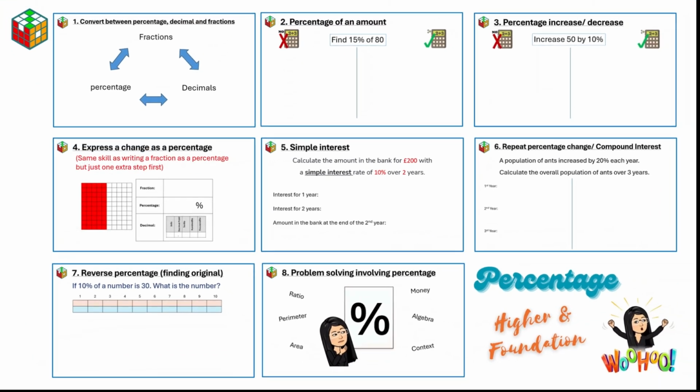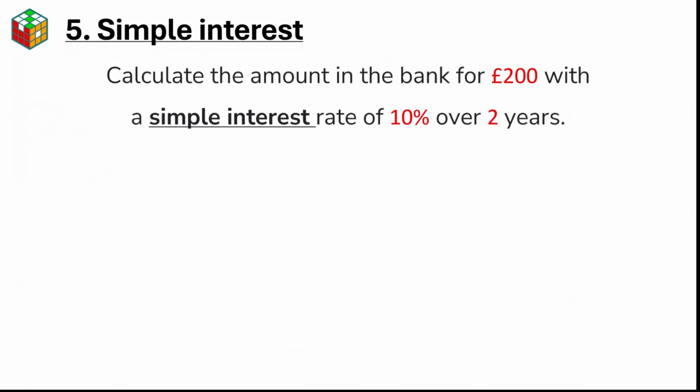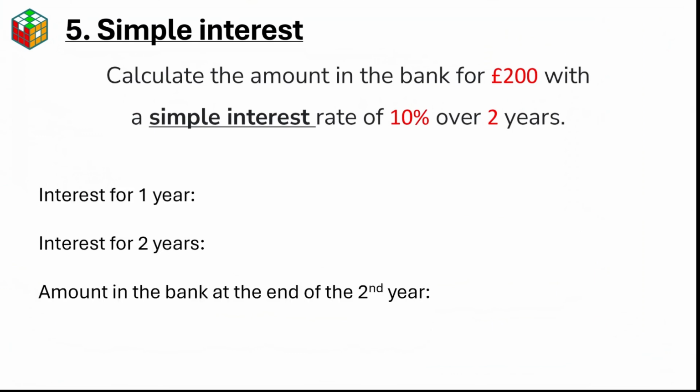Number 5. Simple interest. Calculate the amount in the bank for £200 with a simple interest of 10% over 2 years. I can do it by breaking it down into 3 steps. First, I need to work out the interest for 1 year. Every year they give me 10%, so the first year, 10% of 200 will give me £20.